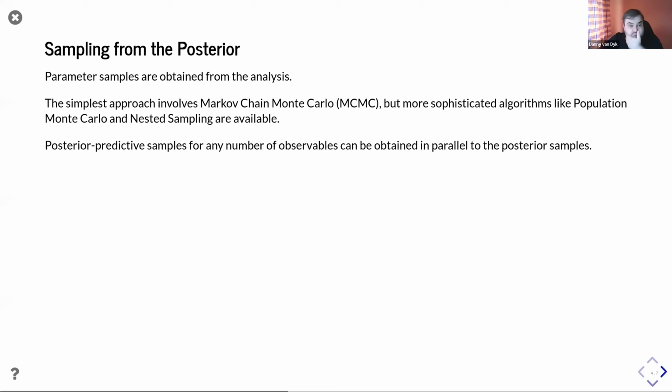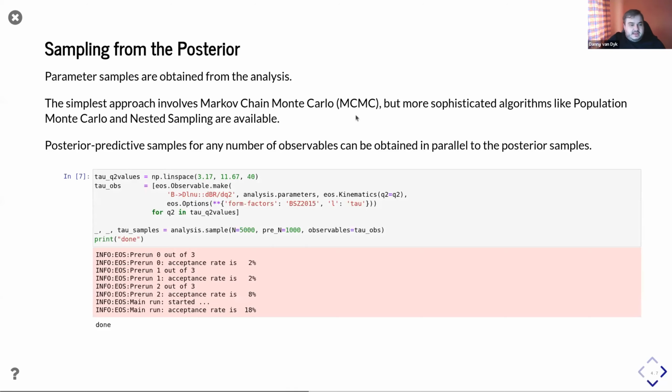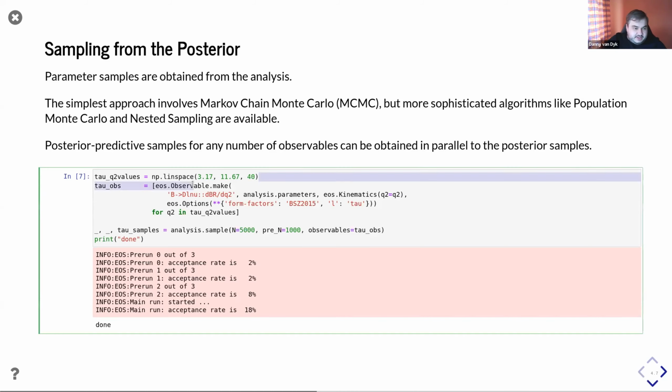Posterior predictive samples for any number of observables can be obtained in parallel to the posterior samples. If you're defaulting to the Markov chain Monte Carlo, it looks like this. So we're producing some q-square values for this decay B to D tau nu in the differential branching ratio.